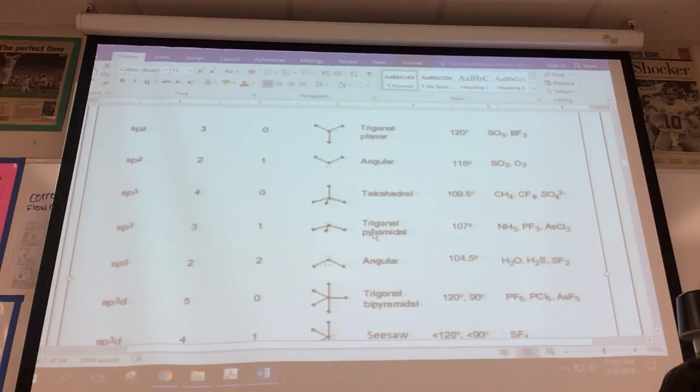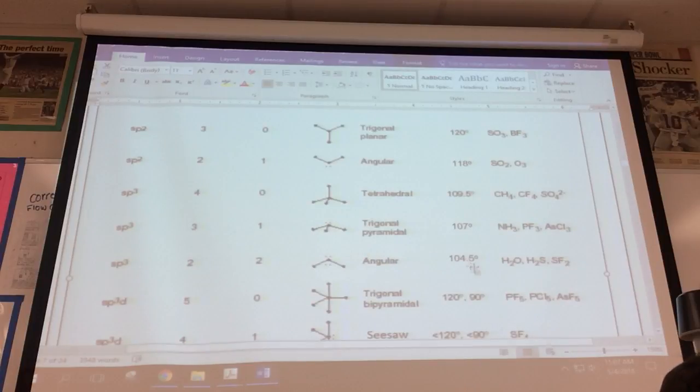Trigonal pyramidal structures have smaller bond angles than tetrahedral ones because the lone pair of electrons repels more than a bonding pair of electrons, thus compressing the bond angle. I thought tetrahedral could have 90 as well. No. 109.5. Careful.